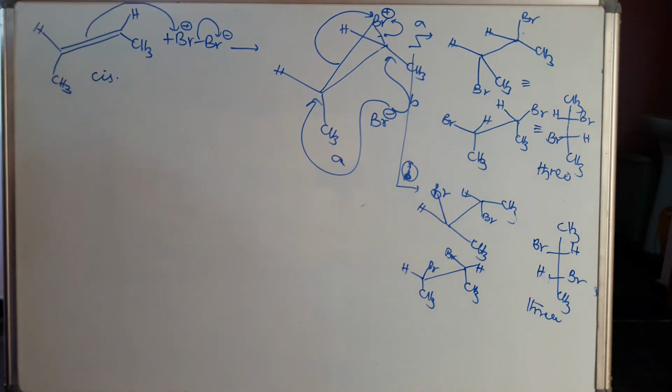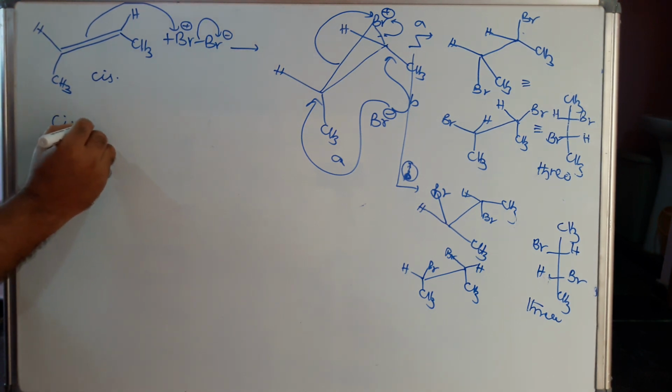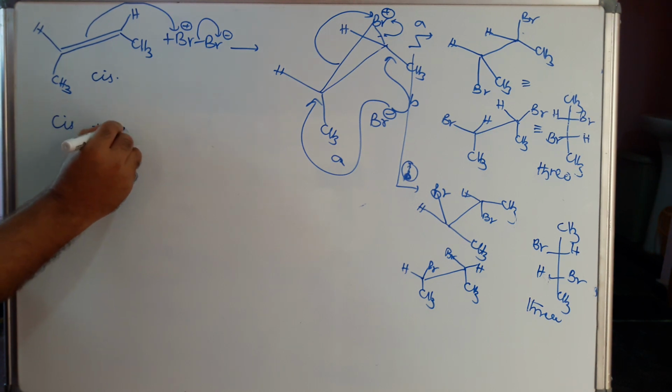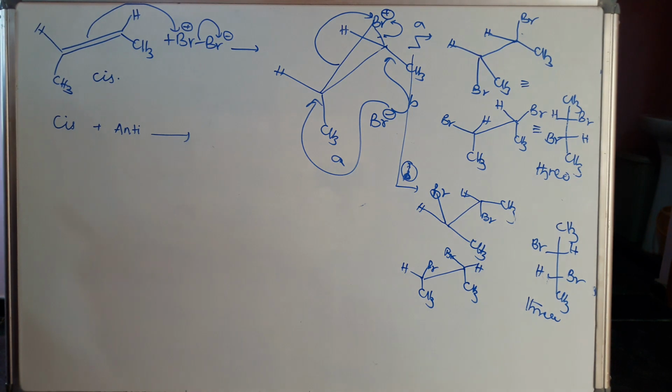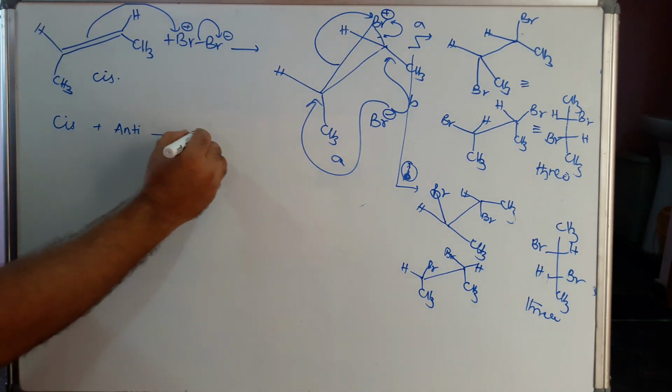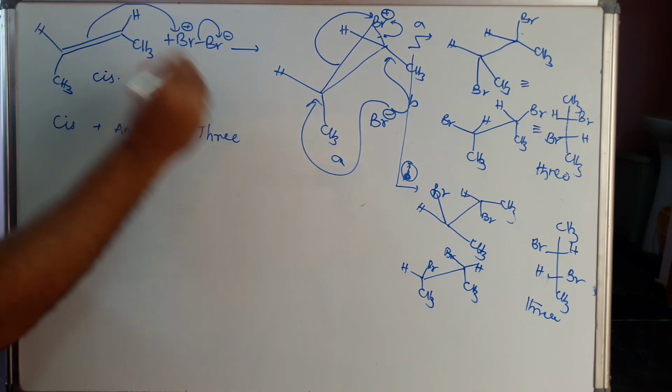For a cis alkene, the addition of halogen is generally anti. Then what do we get? We get the threo form.